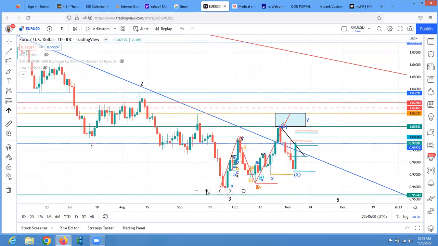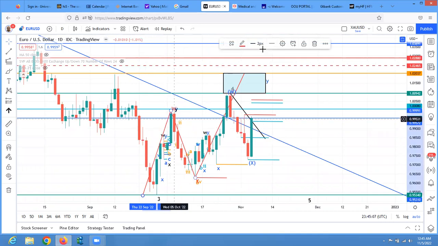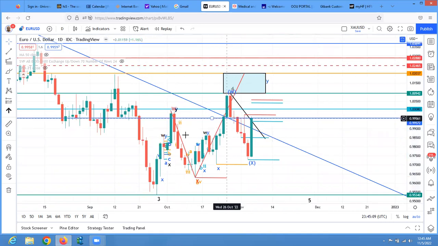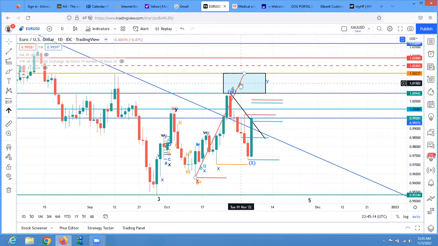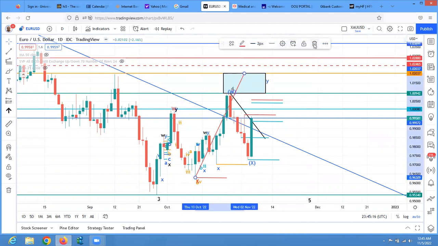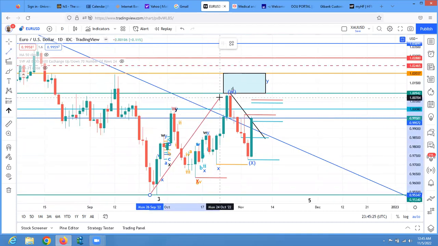So for you to understand, what are we going to do now? The whole structure from this low becomes the first move. So that triad, 1, 2, 3, becomes a move.